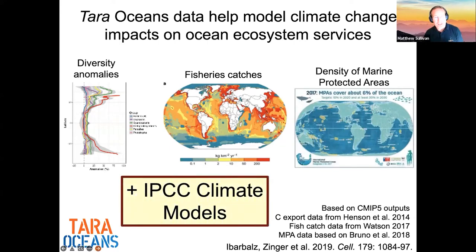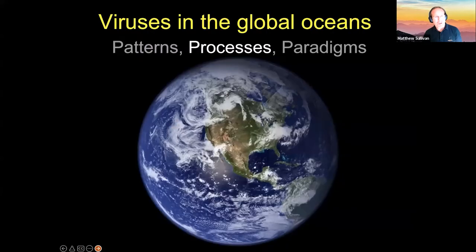And recently I was just in Paris at the Green Ocean Modeling meeting where we're thinking about bringing viruses into the climate models, which inform the IPCC and their eventual climate predictions. So those are the patterns that we observe, and I could go into a lot more depth on many of those. There's fundamental ecology at many levels, but I want to hit some of these other points too.